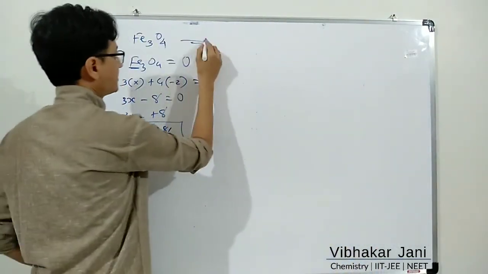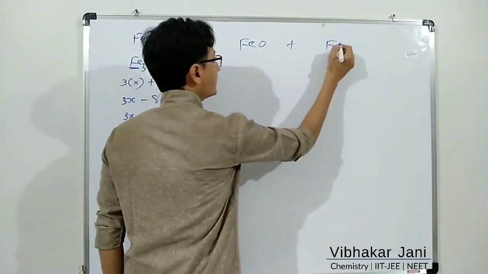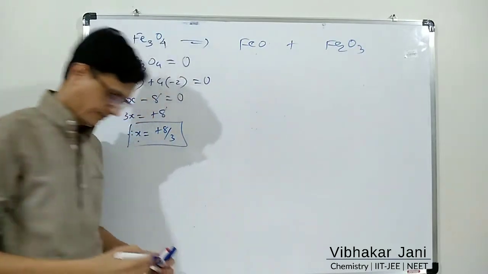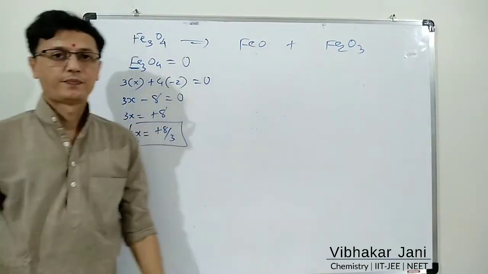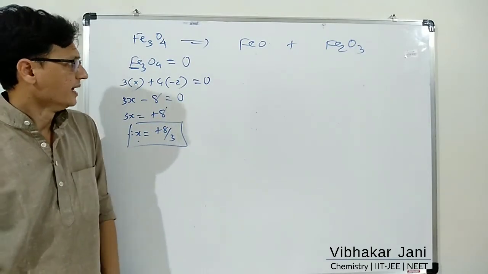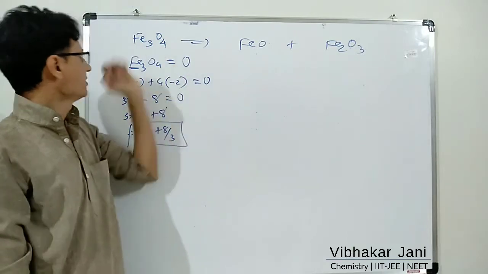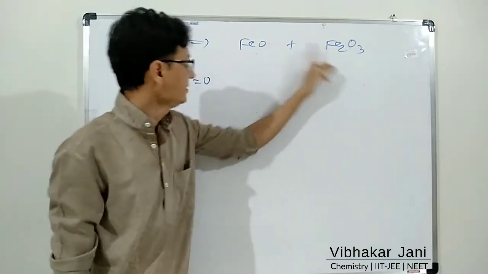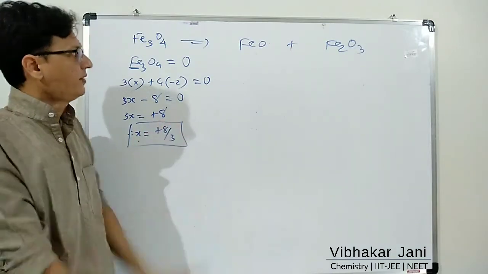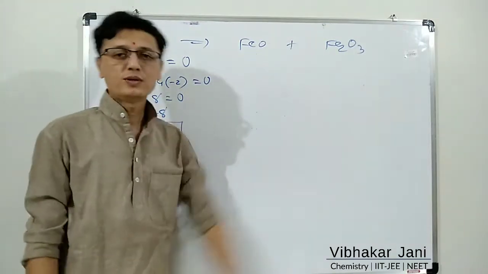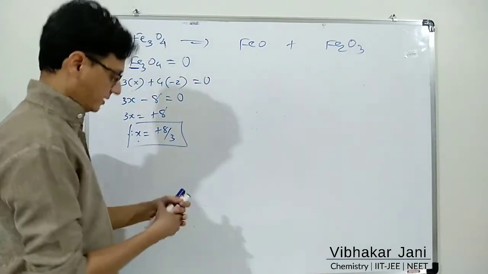It contains FeO and Fe2O3. Now, if we add both these formulas, we will get Fe3O4. Now, if we separately find out the oxidation state of iron in both these compounds, then we will have a whole number value. Let us find it.